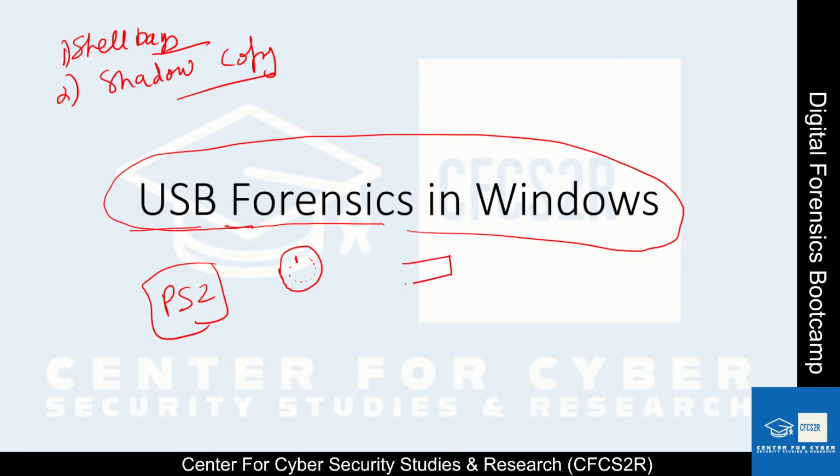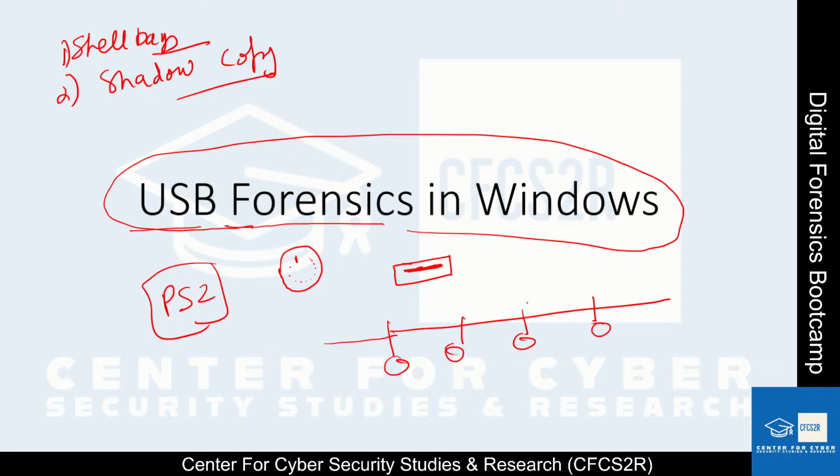But now things have changed. With USB connectivity, you can put your device in any of the USB ports, because all of the ports are connected on a bus. That's why it is called a universal serial bus. So you can directly put your device anywhere. That's the beauty of USB.